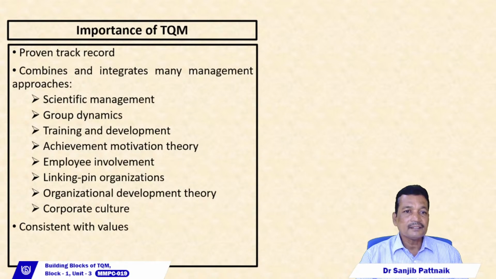TQM combines and integrates many management approaches. Total quality management is not a single management approach of its own, but it combines many different management approaches. One is scientific management.